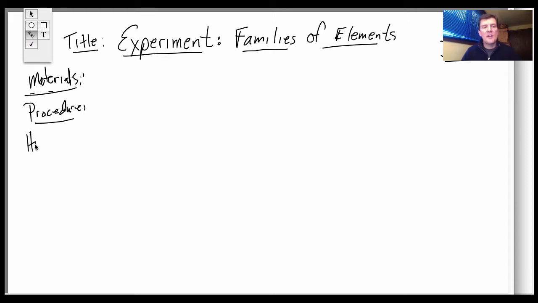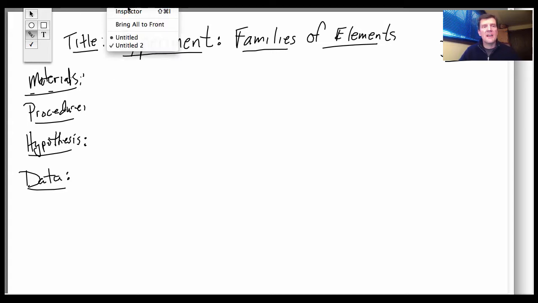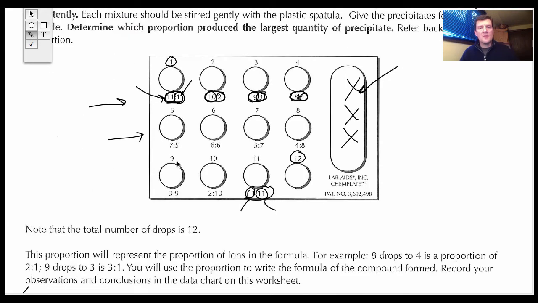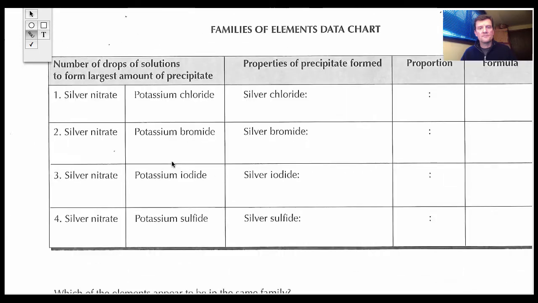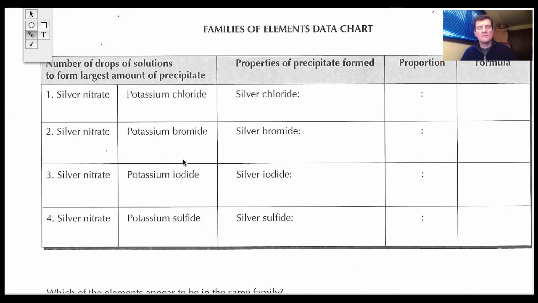We also probably would have a hypothesis, or maybe a statement, if this, then that, or this is what we predict, something like that. And then we might have some data. Now, I do want you to write down some data. What you're going to do is copy this table right down here as your data table.